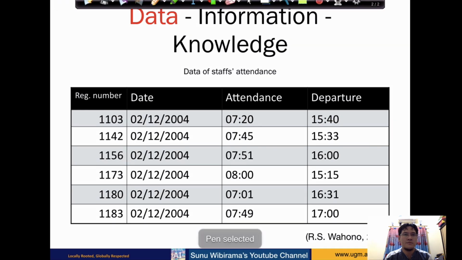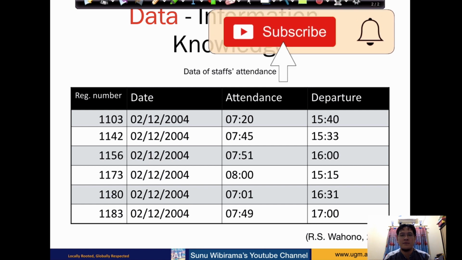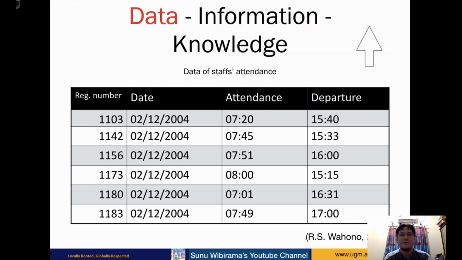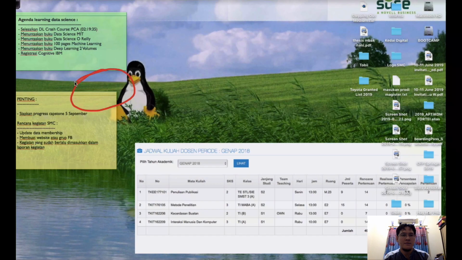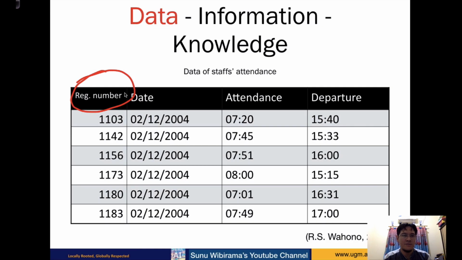Okay, so let's suppose that you have a very small company, like a startup or something like that, and you have to record the attendance data of your staff. So, for example, this is the registration number of the staff.